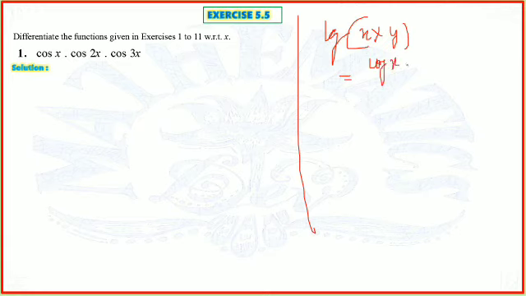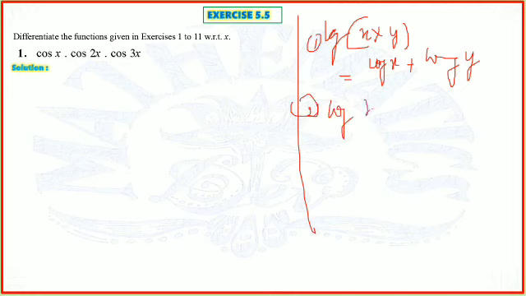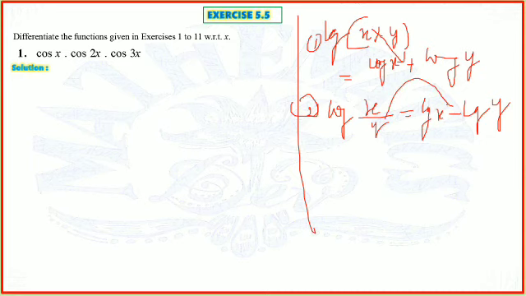So log x plus log y. The second property is if these numbers are in quotient form, then log converts the division sign to minus, so log x minus log y. So multiplication is converted to addition and division is converted to a minus sign. You need to remember this.